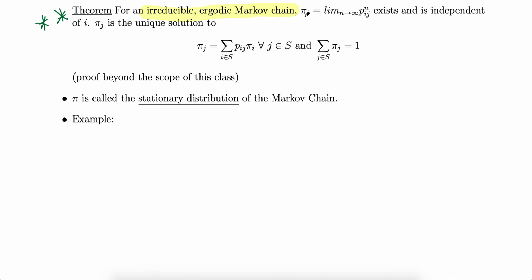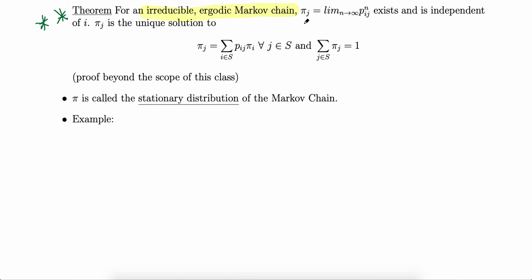So if we have all of these things happening in our Markov chain, then we can say that this value pi j exists. Not only does it exist, it's a unique solution to this system of equations.